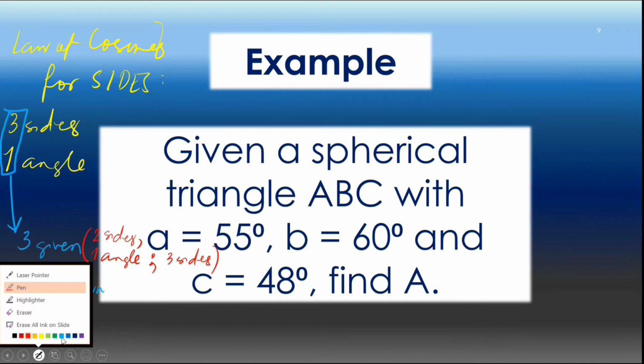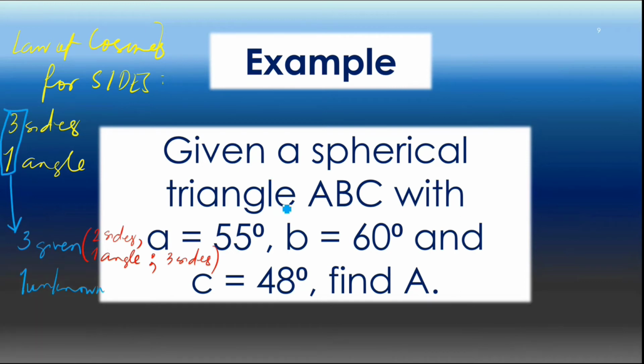If you look at the given triangle, in our problem the given are small a, small b, and small c. So automatically, what we're going to use here is the law of cosines for sides.